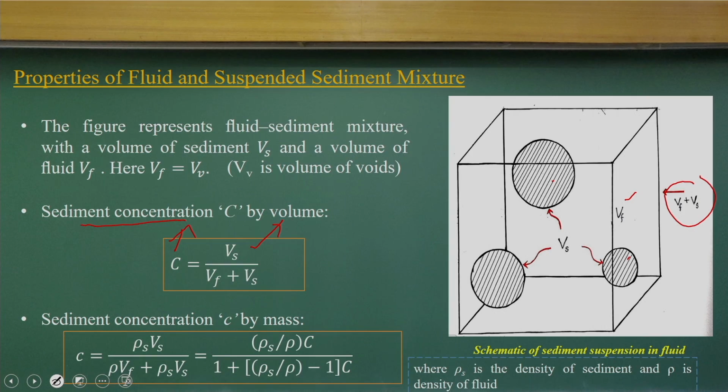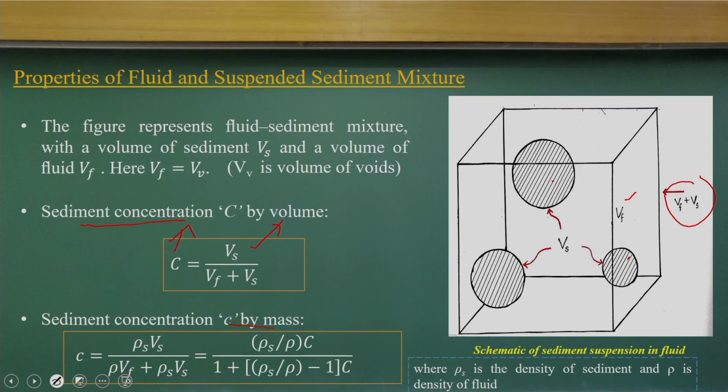If I find the concentration by mass, which we denote as a small c, it is the mass of the sediment particles divided by the total mass of the system. That is very easy, just multiply by the respective densities. Here rho s stands for the density of the sediment particles and rho stands for the density of the water. So you can compute the sediment concentration by mass.